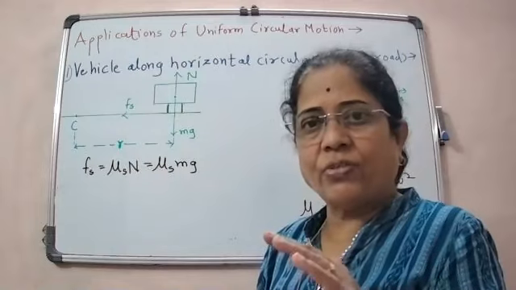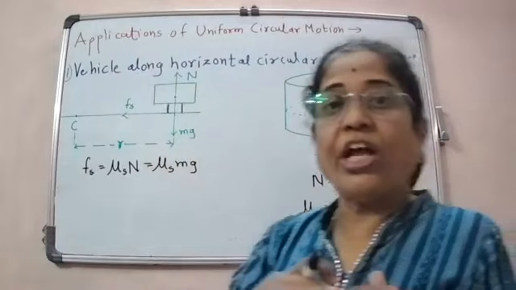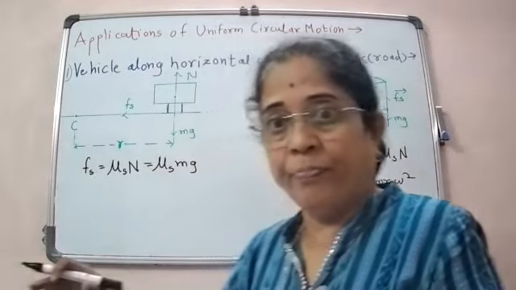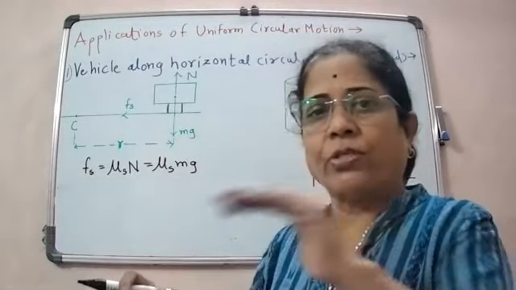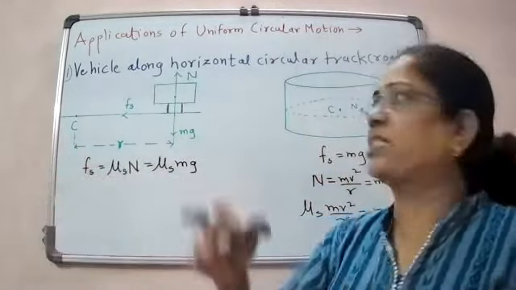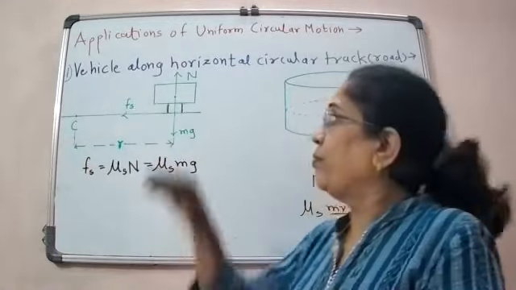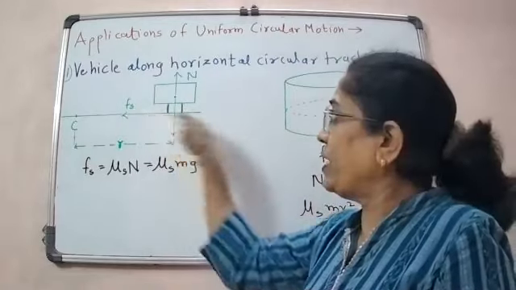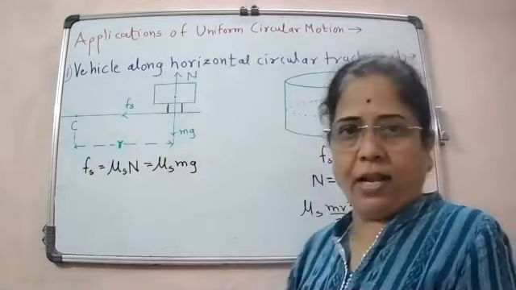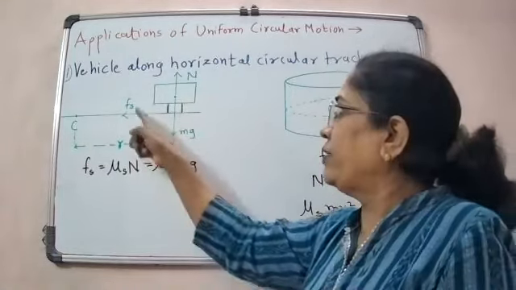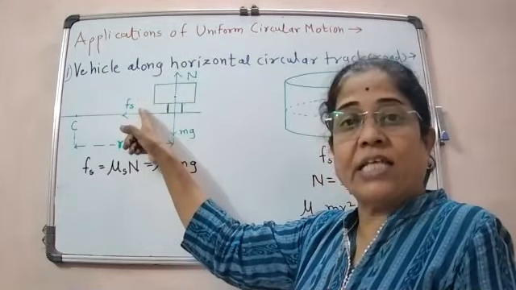Circular motion is there, and for circular motion centripetal force is necessary, and this force of friction between the surface of the road and the wheels of the vehicle provides the centripetal force.